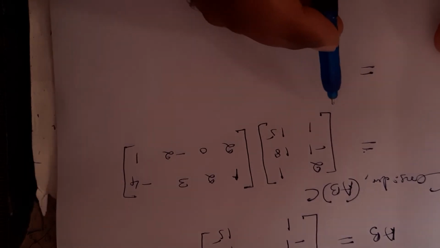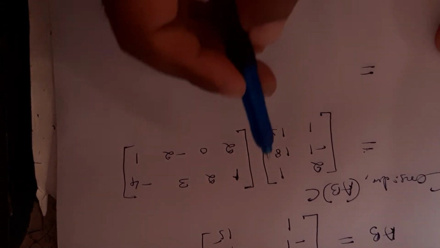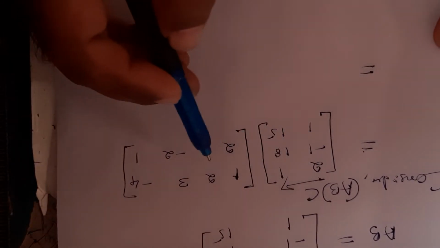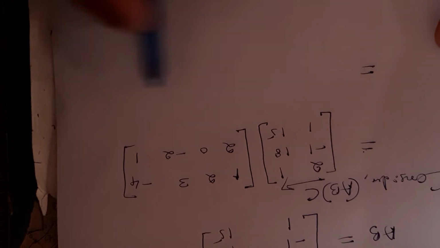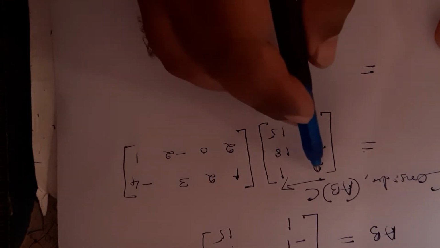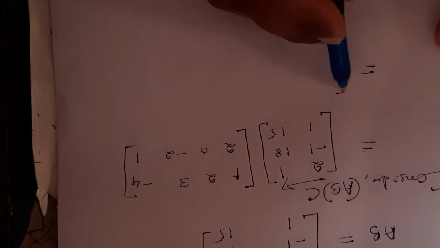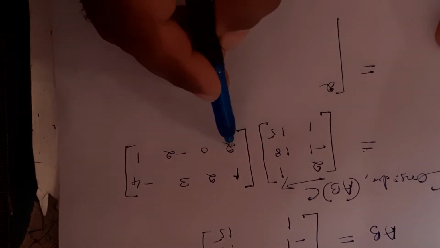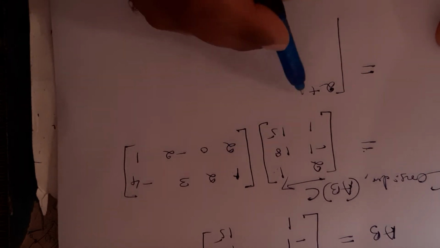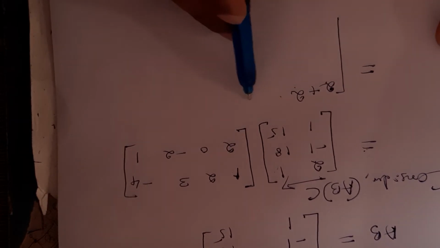This is very important here. You start with the row, and count the number of columns: 1, 2, 3, 4 columns are there. So you have to write all the elements carefully, row and column. First row and first column: 2 into 1 is 2, plus 2 into 1 is 2. So 2 plus 2 is over. Leave some space and write here.